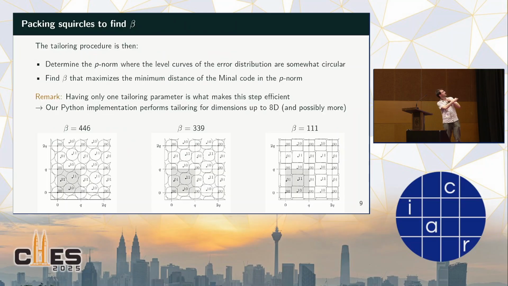And once you find p, you need to find the value of beta that maximizes the minimum distance of the MINO code in the p-norm. This is the squircle packing part. An important remark is that packing is usually a very hard problem, but we are not doing a real packing here. We are doing packing with the MINO code. Having only one tailoring parameter is what makes this step efficient. You just need to find beta, which we can do using ternary search, which is what we describe in the paper.